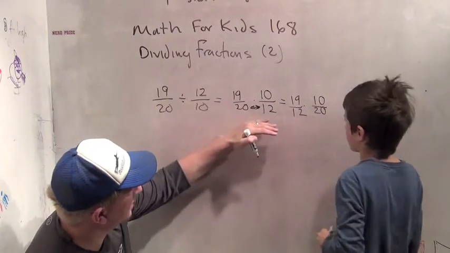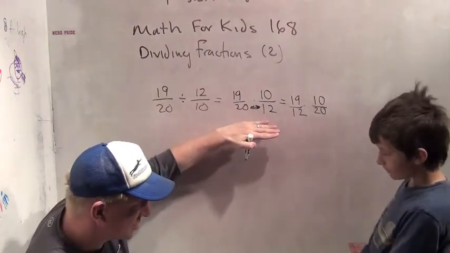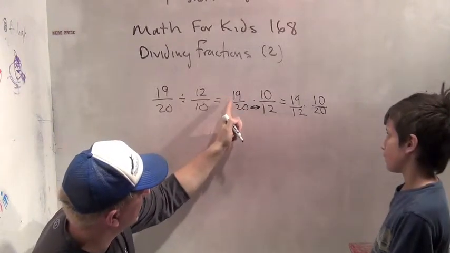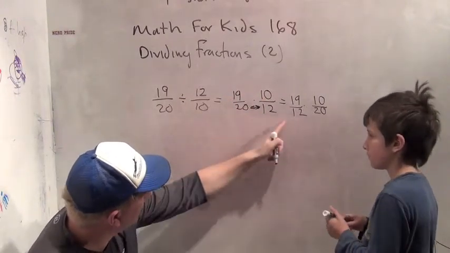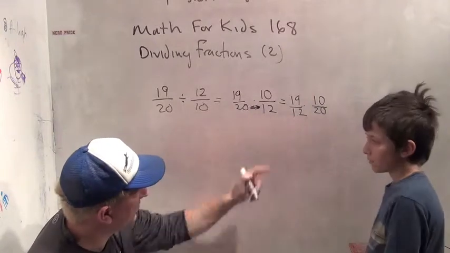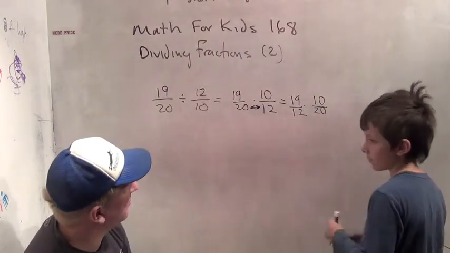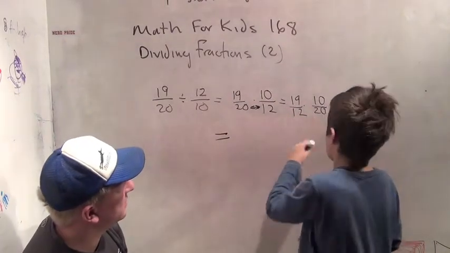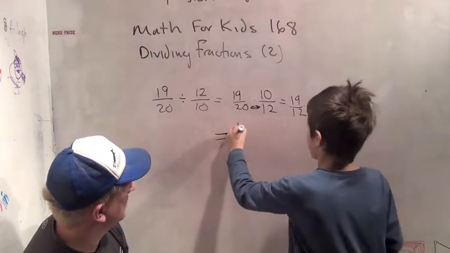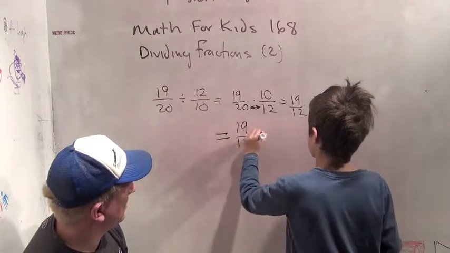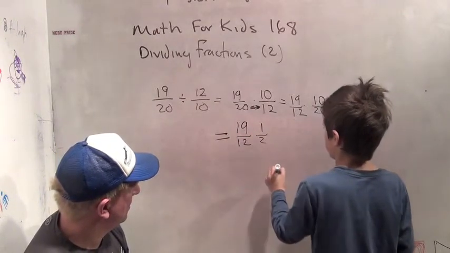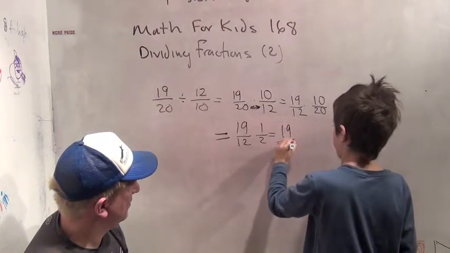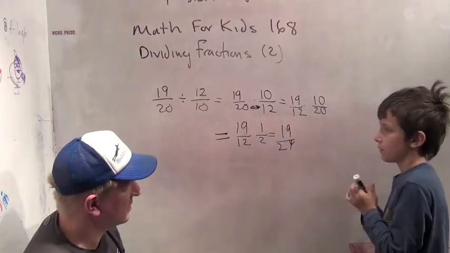The reason we can do that is because multiplication is commutative. So we're just going to do 19 times 10, and 12 times 20 is the same as 20 times 12. It's just that this makes our fractions a lot easier. So 19/12 times 10/20 is the same as 19/12 times 1/2, and this is 19/24. Okay, well that's pretty neat.